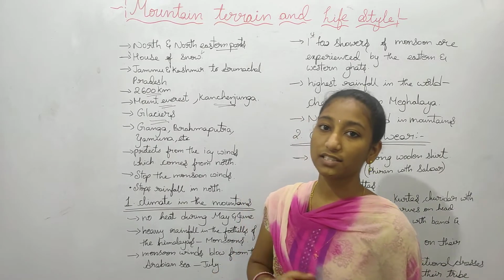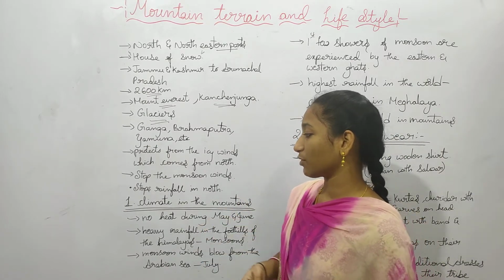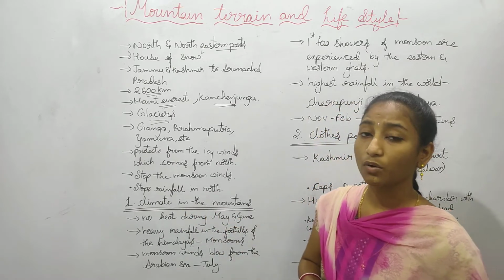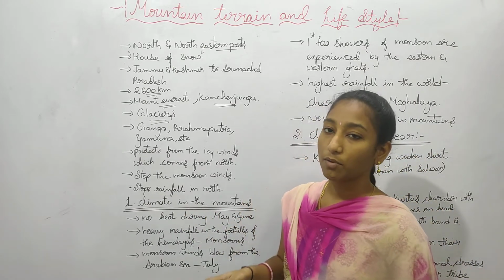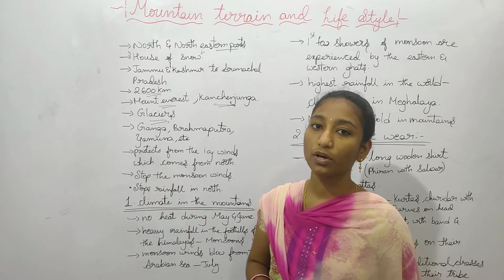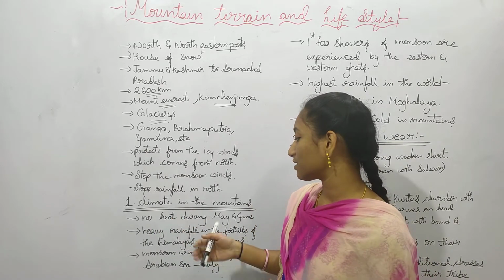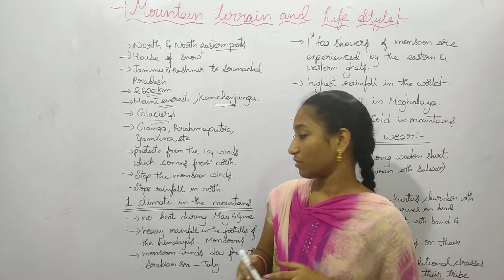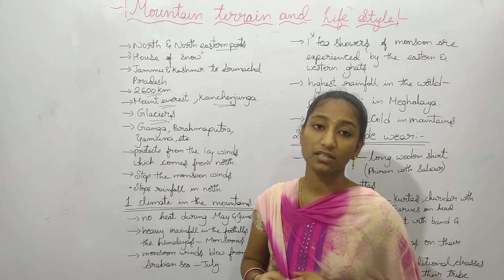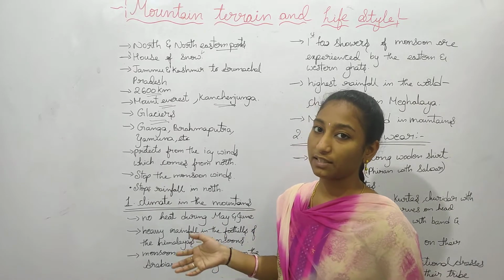There are some factors about mountains. Let us discuss them. First is the climate in the mountains. During the summer months of May and June, there is no heat in the Himalayas.